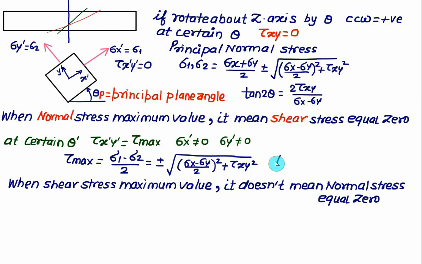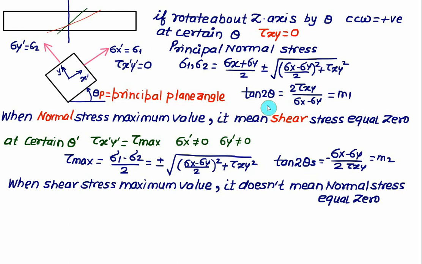Similarly, you can calculate the plane of maximum shear, which is represented by theta s. It is just the reciprocal of this equation, (sigma x minus sigma y) divided by 2 times tau xy, but this one is negative. So this one represents the slope m1 and this one represents the slope m2.